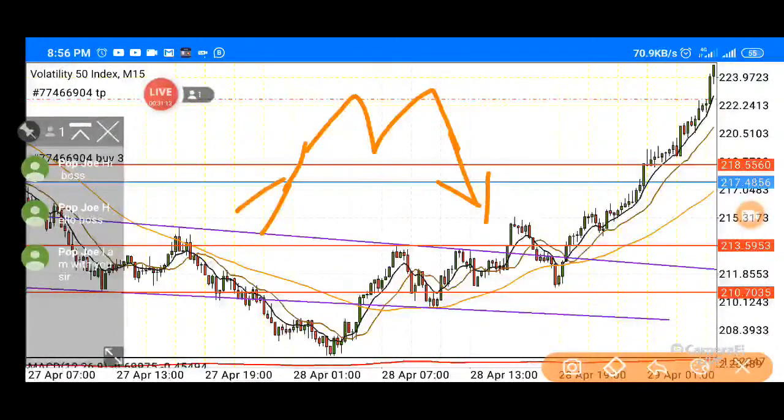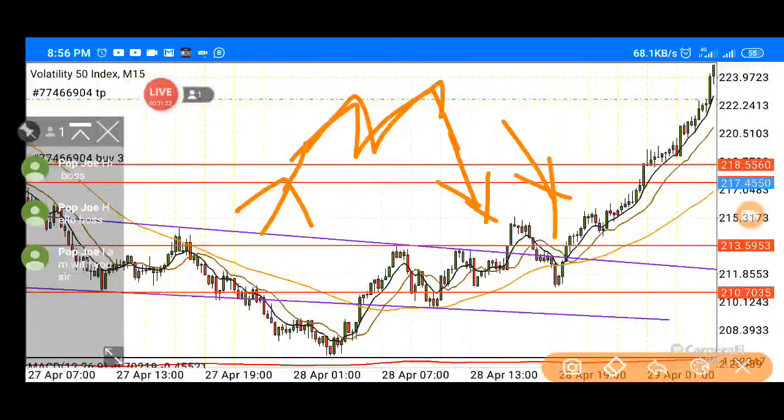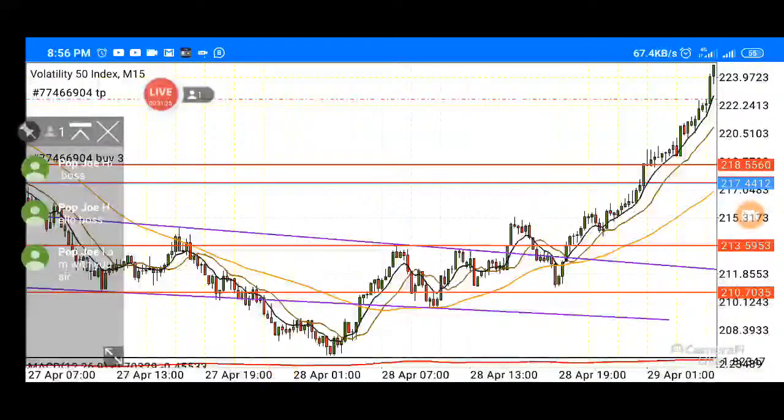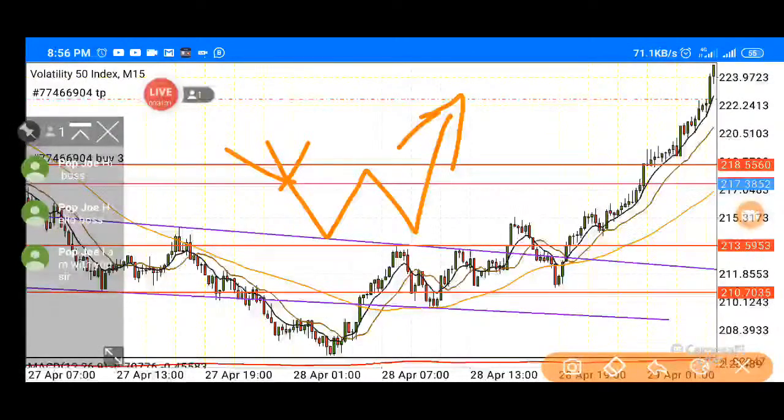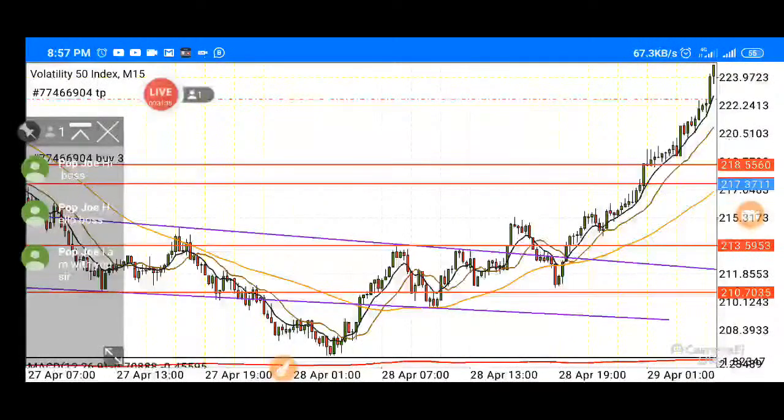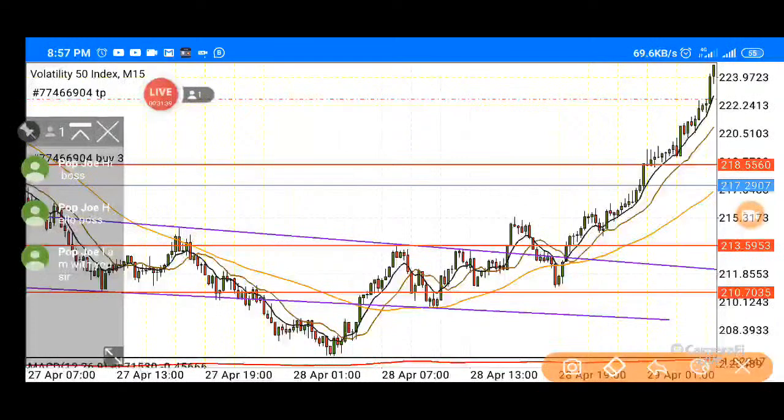That means the market has been going up, and after a double top, it is giving you a signal that the market wants to change to a selling trend. While double bottom is like this: the market has been selling and it is giving you a signal that it wants to start buying. So this is how you trade your double tops and bottoms.